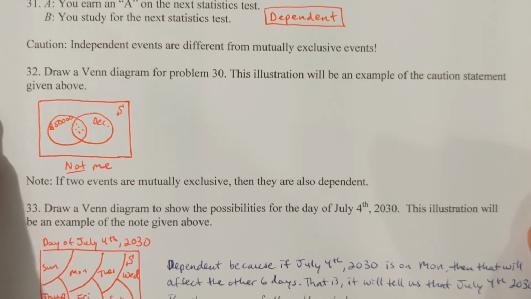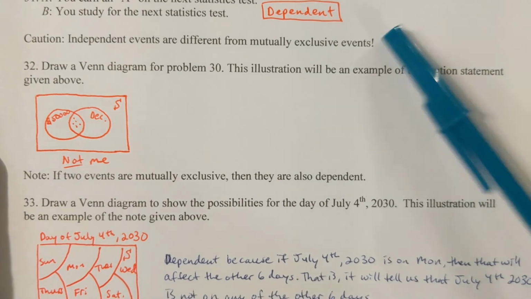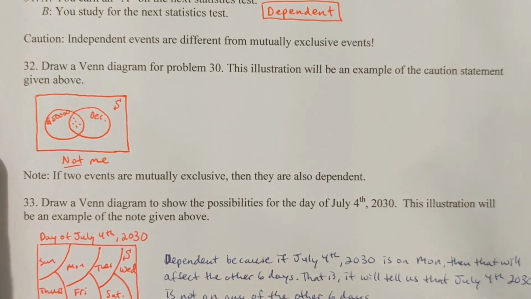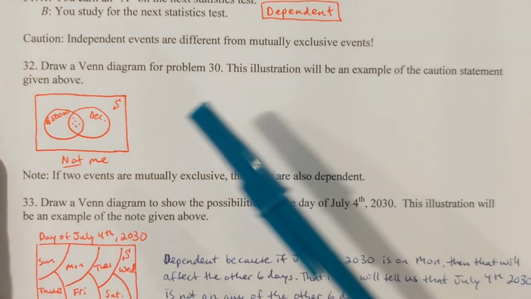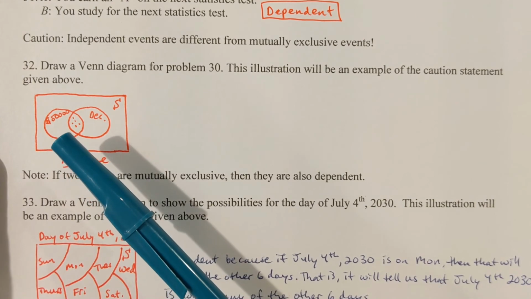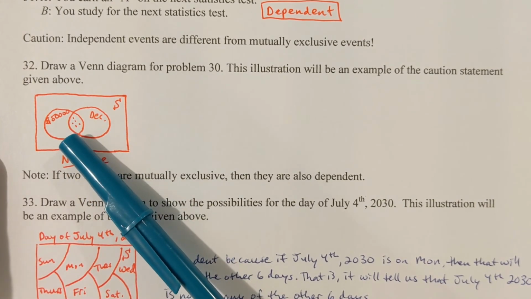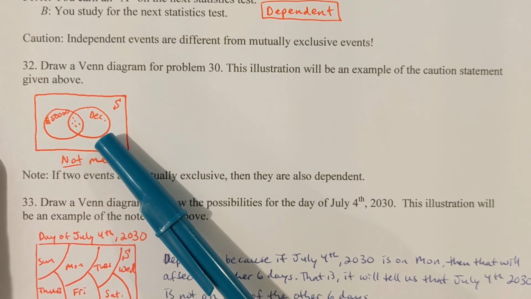Problem 32 is an example of the caution statement right above, and we're going to draw a Venn diagram representing problem 30 here. So I've got that set up, and anybody who makes $50,000 in a year is going to be in this first circular region. Anybody who is born in December is going to be in this other circular region.